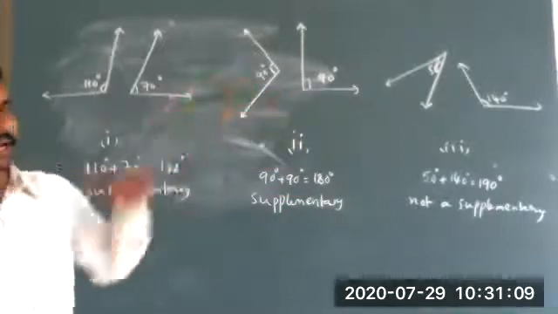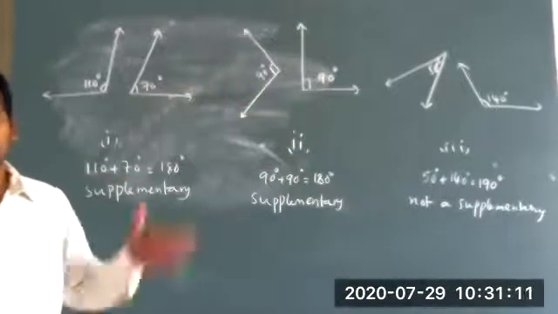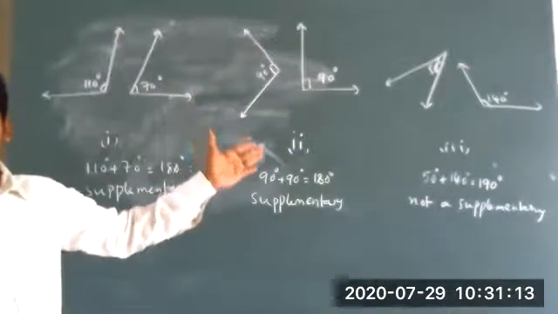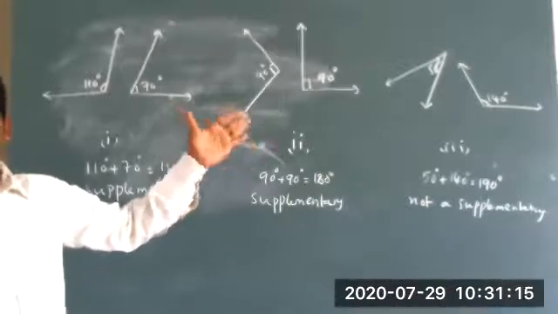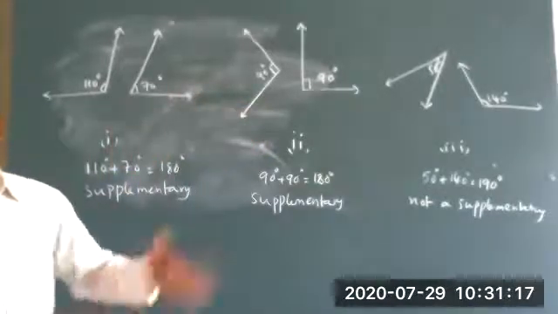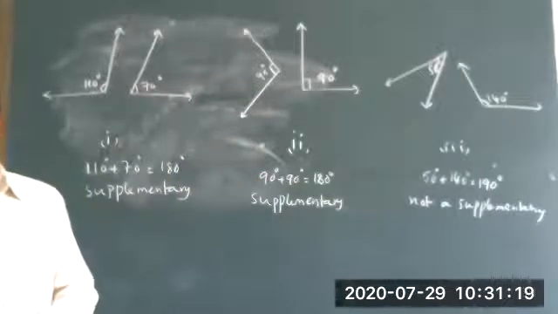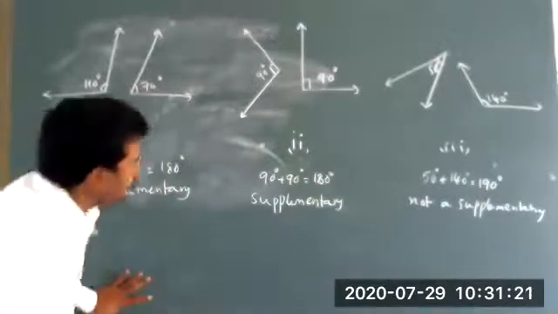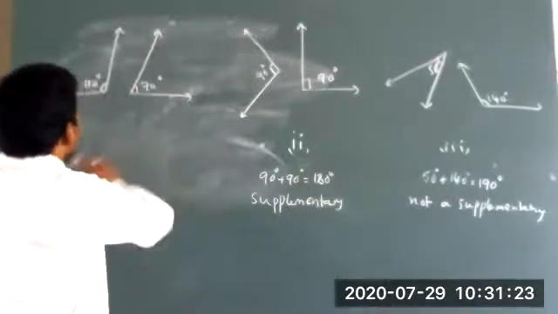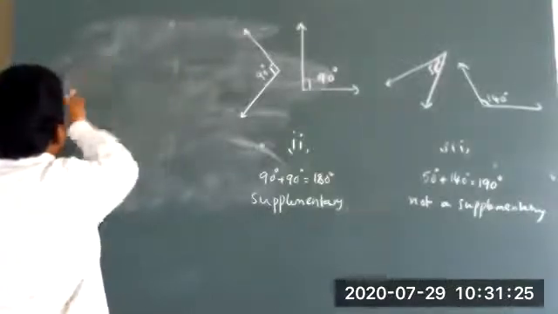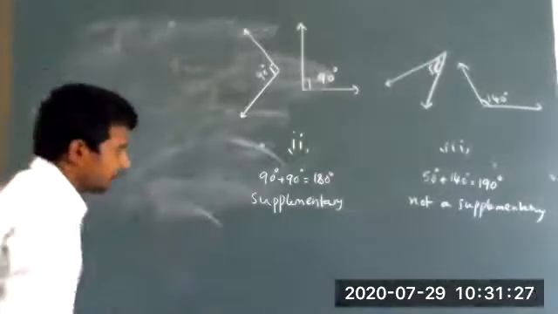Why? Because the sum of the two angles, 50 plus 140, is 190, which is more than 180 degrees. That's why it is not a supplementary pair. Clear, children? Now we are going to learn the second problem in exercise 3.